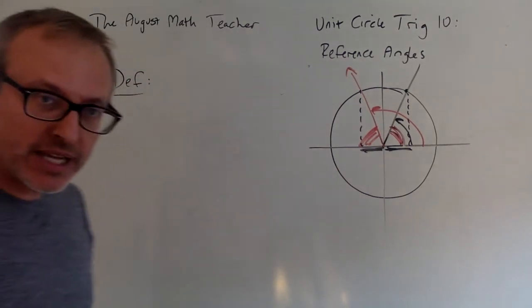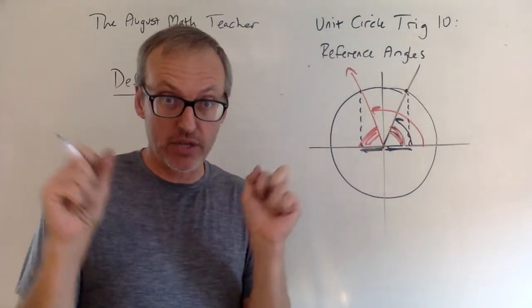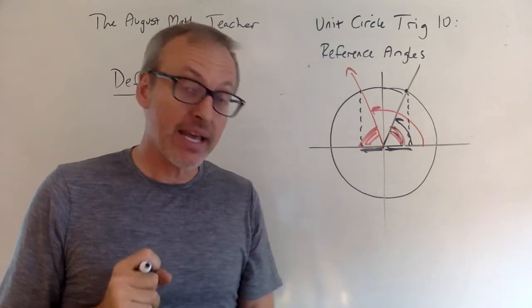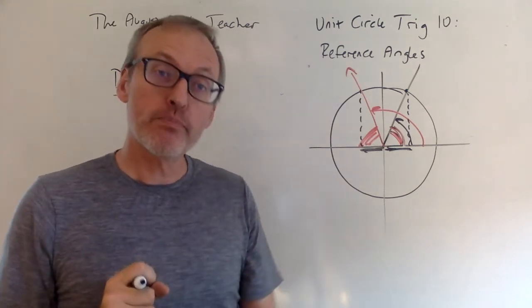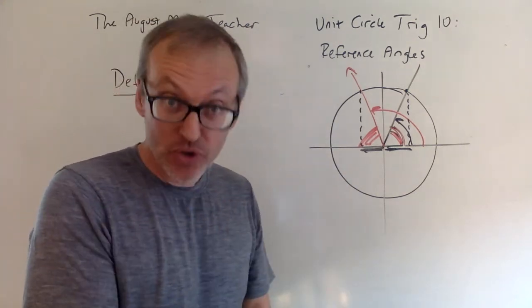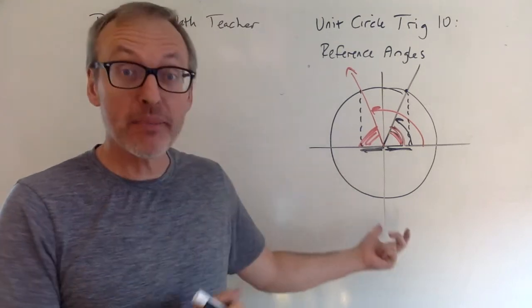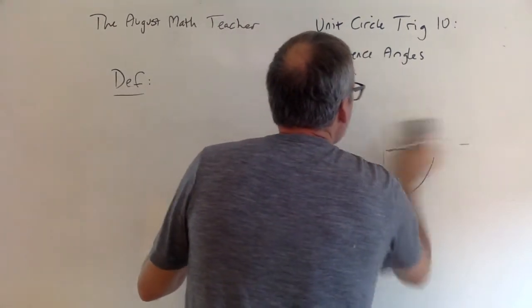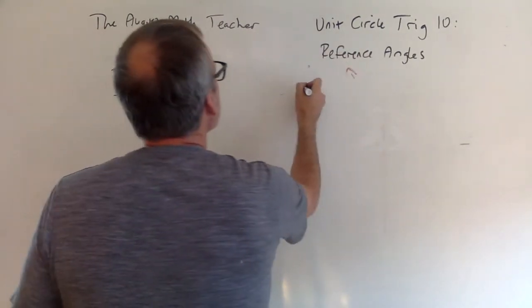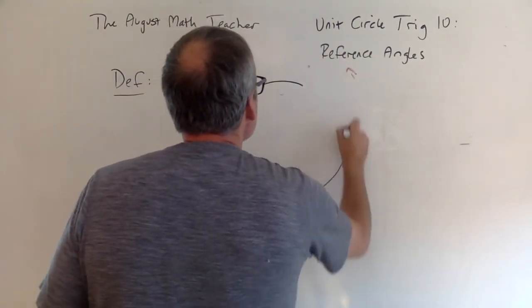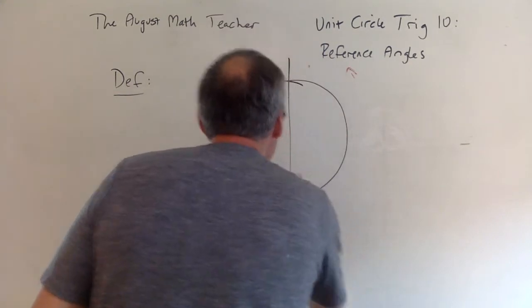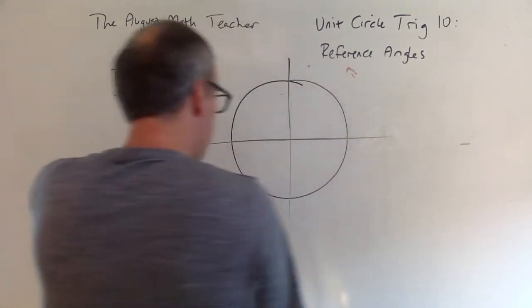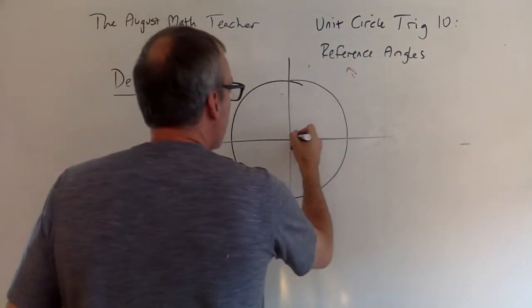We're going to define the reference angle for any angle we have to be the angle that your angle makes with the x-axis. So I'm going to draw this picture one more time. This is the important picture. You're going to have a unit circle, always the most important thing, and we're going to draw some angle.